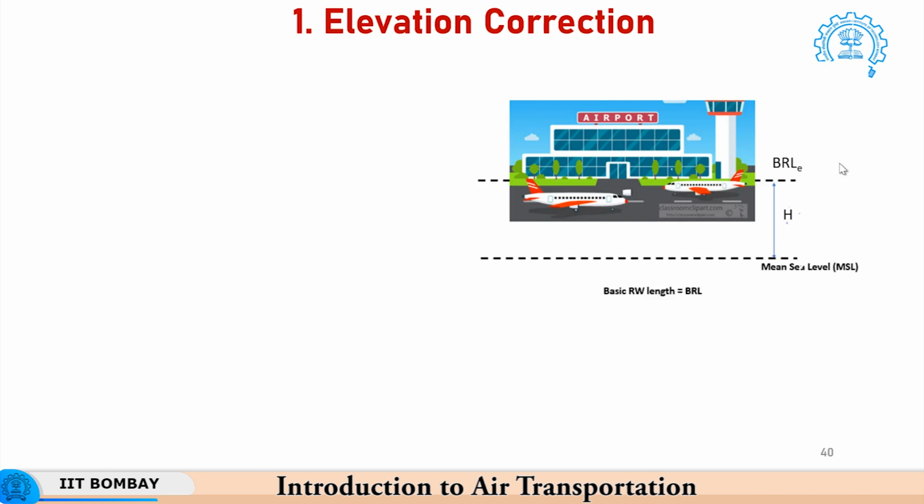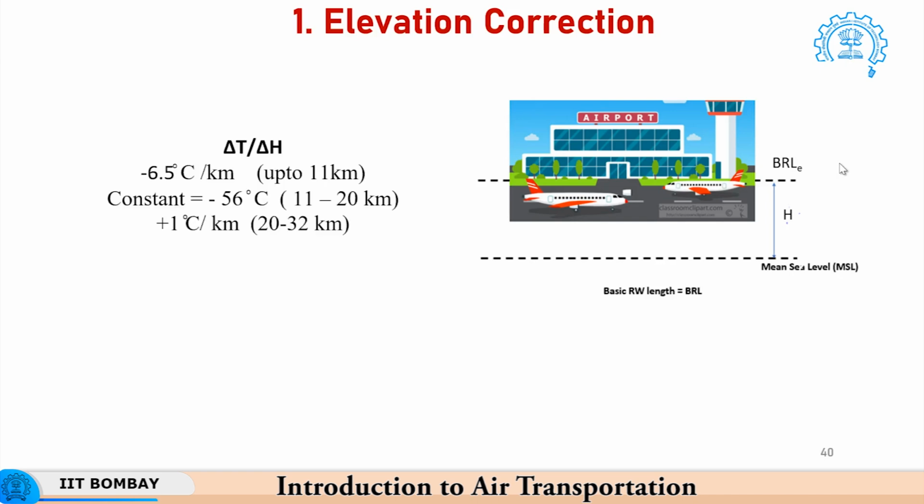So, how do you apply the elevation correction? Well, you look at delta T by delta h. The change in temperature with altitude is 6.5 degrees per kilometer up to 11 kilometers, then it is constant up to 20 kilometers, and then it increases by 1 degree per kilometer from 20 to 32 kilometers.